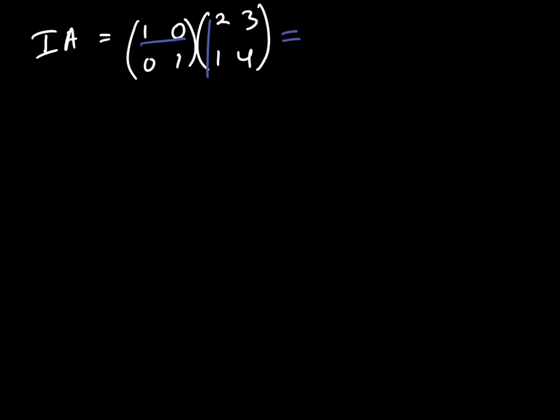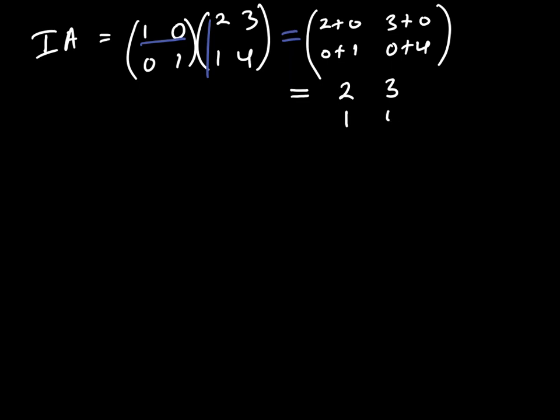Here we're going to get 1 times 2 is 2, plus 0 times 1 is 0, then 1 times 3 is 3, plus 0 times 4 is 0, 0 times 2 is 0, plus 1 times 1 is 1, then 0 times 3 is 0, plus 1 times 4 is 4. So what do we get? We end up with 2, 3, 1, 4. So the matrix has not changed after it has been multiplied by an identity matrix.